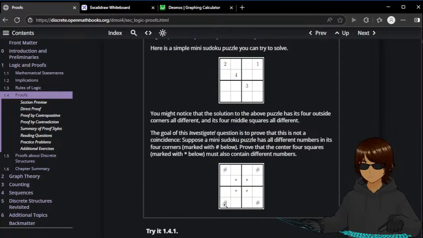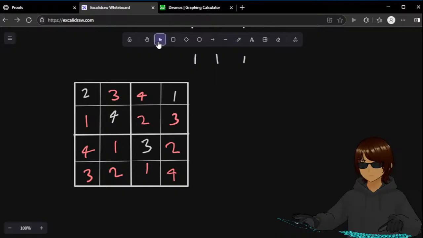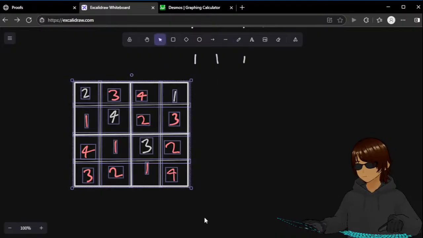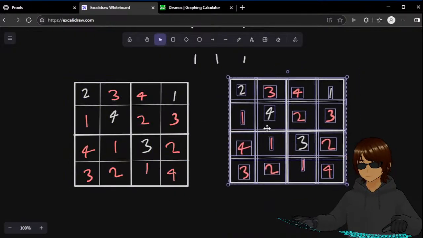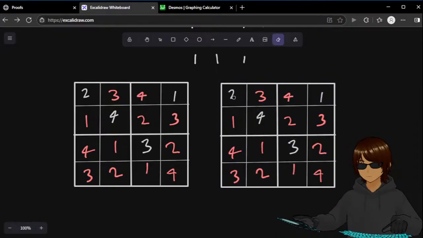If you have different numbers here, then there should be different numbers here, right? Contradiction. Otherwise, you might have the same row. It's going to take time.